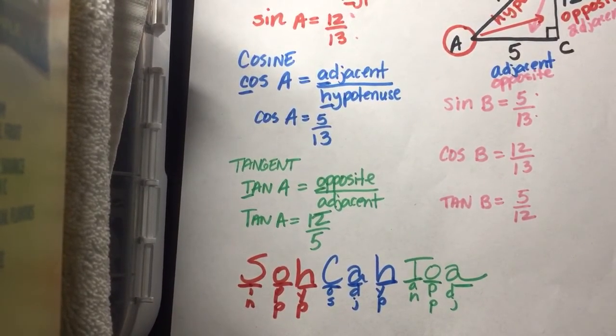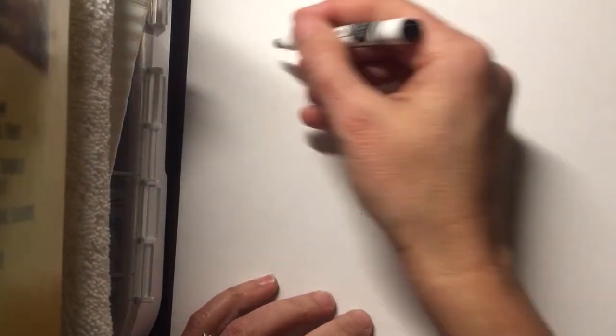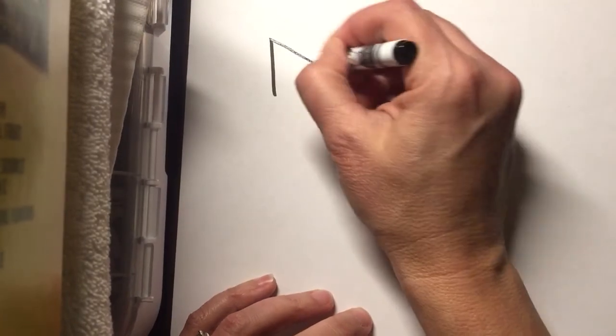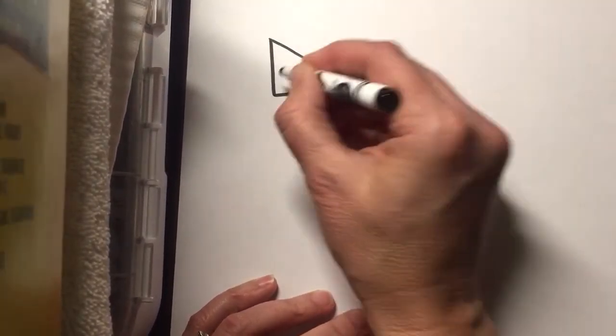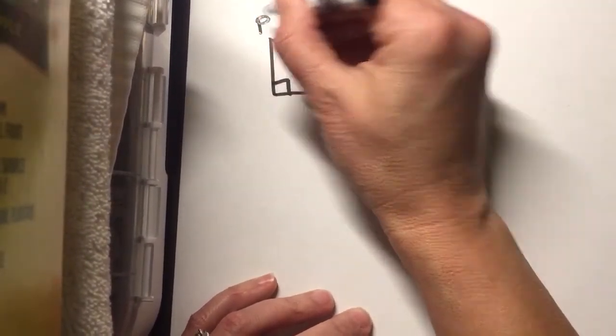So let's do one more set of examples here. I'm not going to be able to keep the whole thing in the frame. So let's look at one last set here. I'm going to draw us a couple of triangles just to give you some examples. And we'll make this triangle PQR.